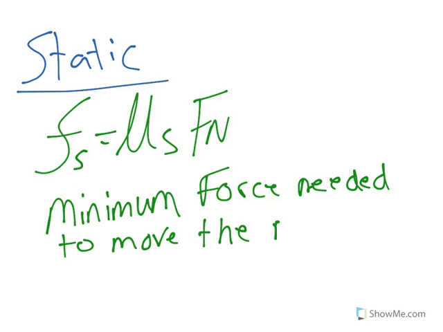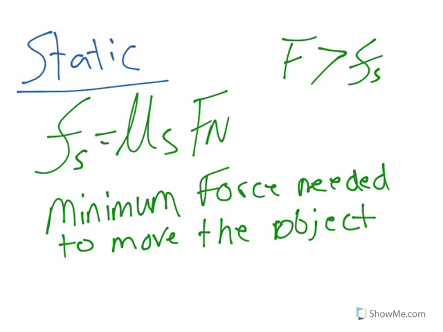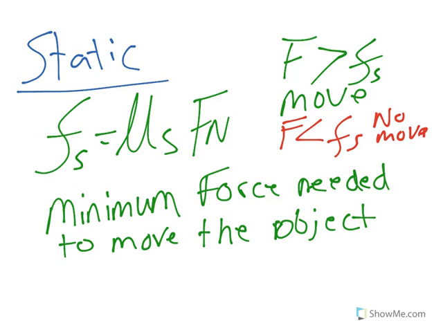Because if the force you're applying is greater than the friction force, whether kinetic or static friction, it will move. If the force you're applying is less than the force of friction, there will be no movement.